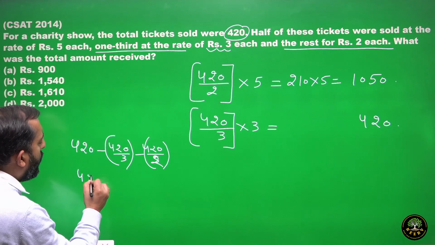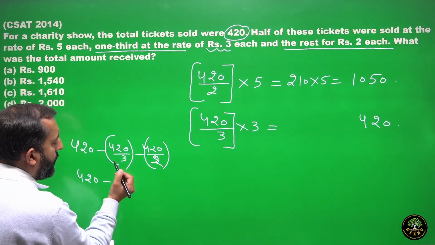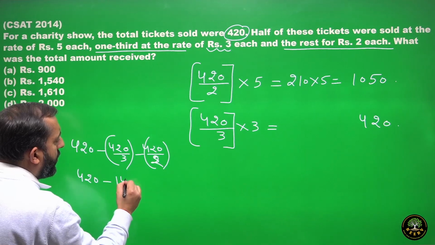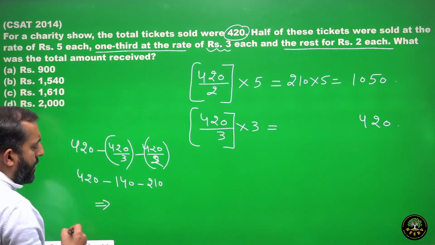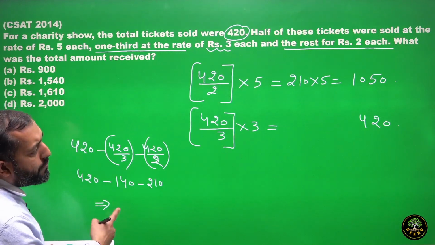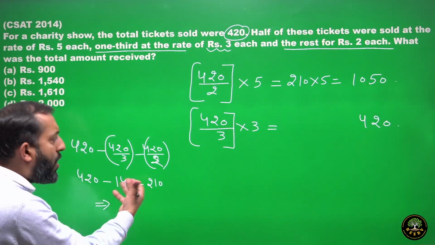So 420 minus, 420 by 3 was 140, and 420 by 2 was 210. If you subtract them, you're going to be left with the remaining number of tickets. This is one way of dealing with it.